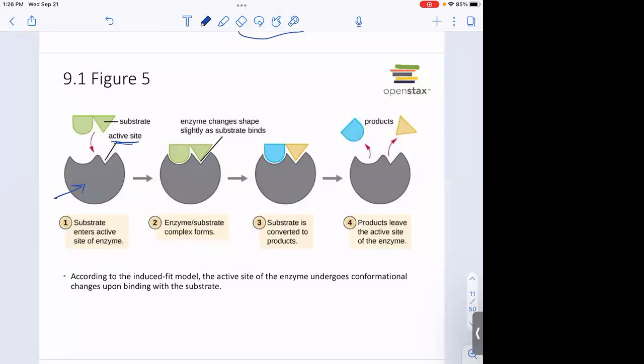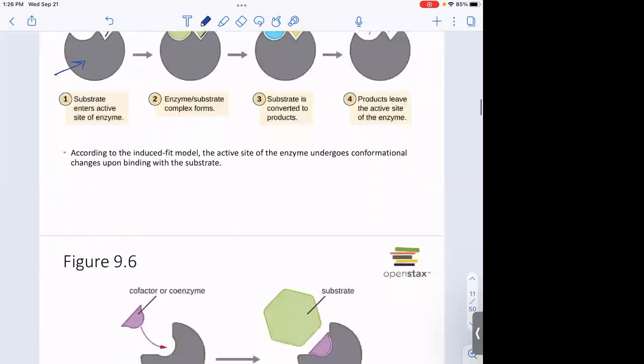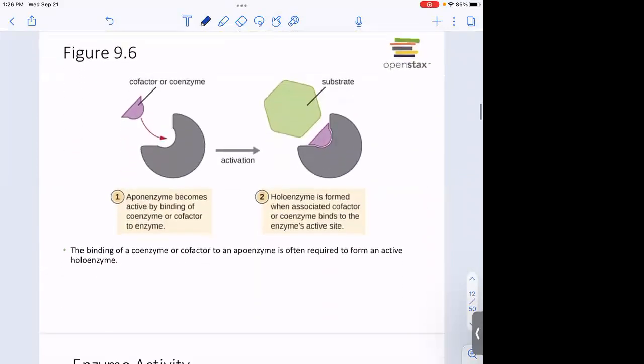Then the enzyme is going to do something to change that substrate, maybe cleaving it into two different parts. So here's a product that's different than what the substrate was. The enzyme isn't changed in any way. It can go back and catalyze the same reaction for a different substrate. And this is another illustration of how some cofactor or coenzyme may be necessary so that the substrate will bind. That's very, very common.